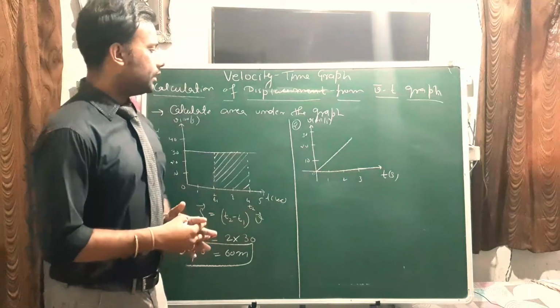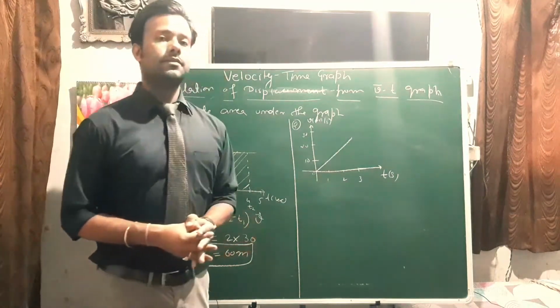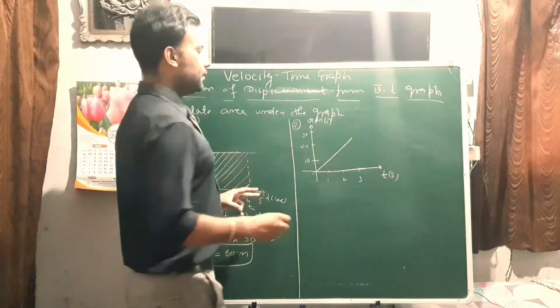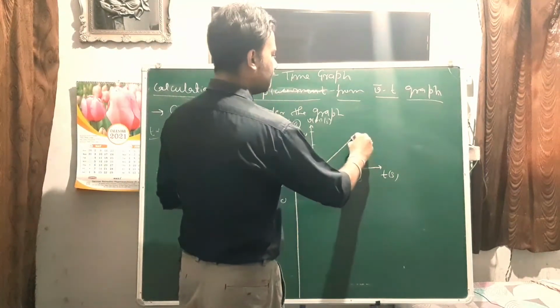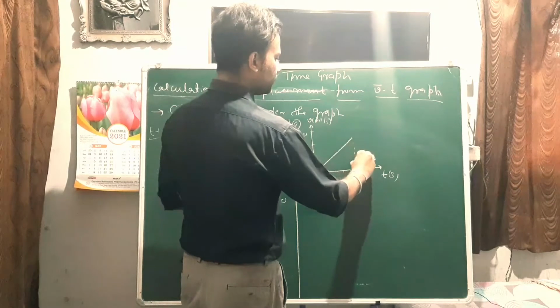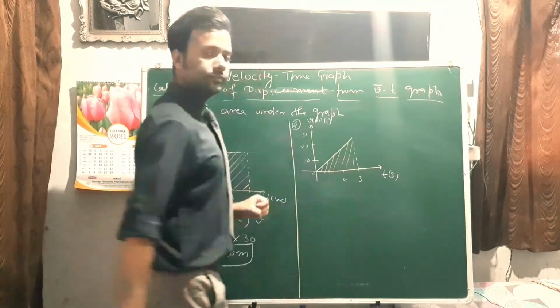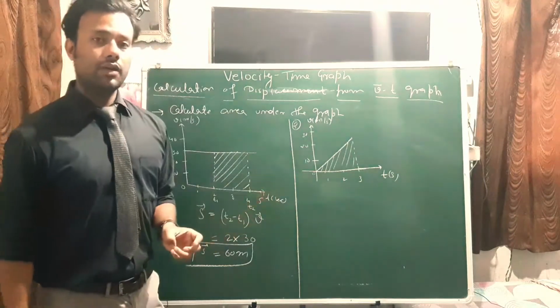The question says find the total displacement covered by the body. So total displacement means we have to calculate this area under the graph, which is nothing but a right angle triangle.